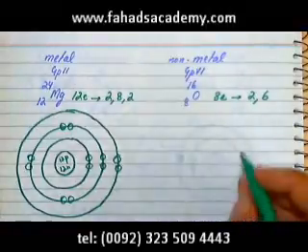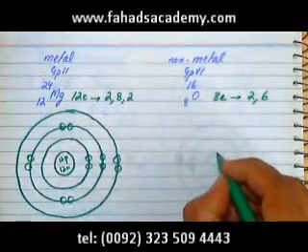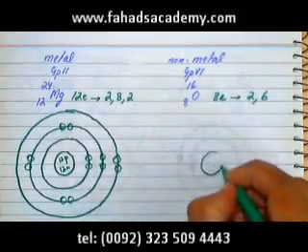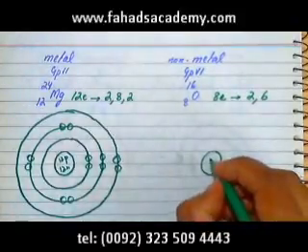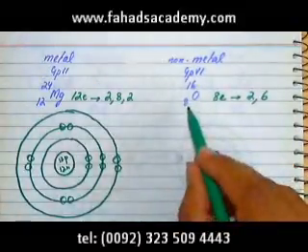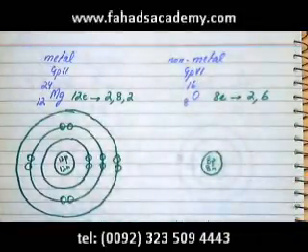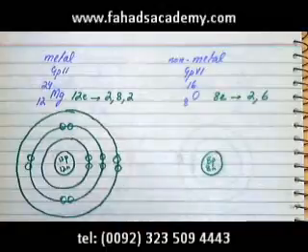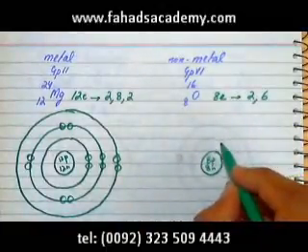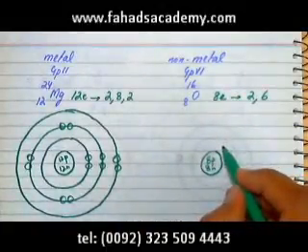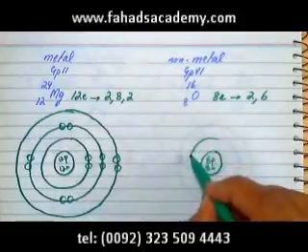And similarly, we can draw oxygen. This is the nucleus. It's going to have 8 protons. The proton number is 8, and 16 minus 8, that's also 8. It's going to have 8 neutrons. So there are 8 protons and 8 neutrons in the nucleus. And let's draw the first shell.